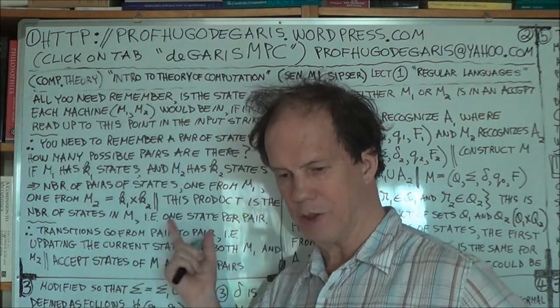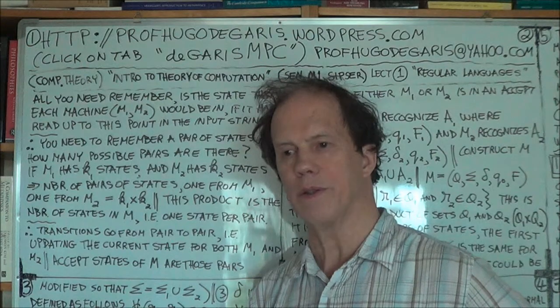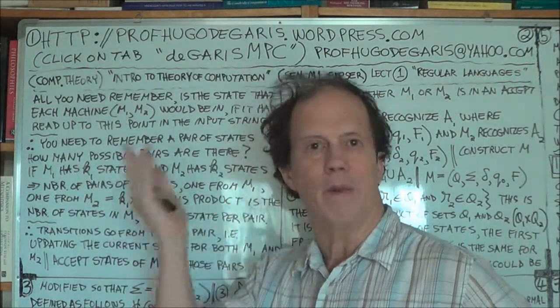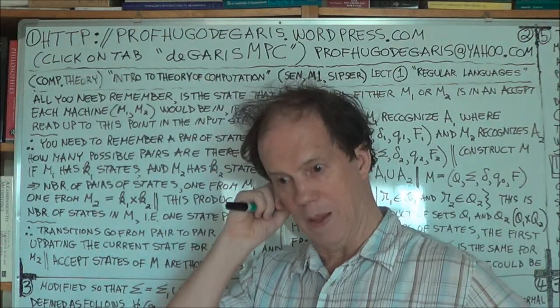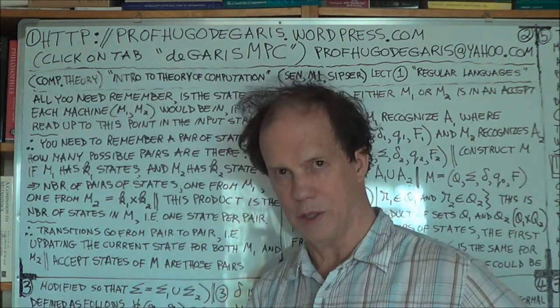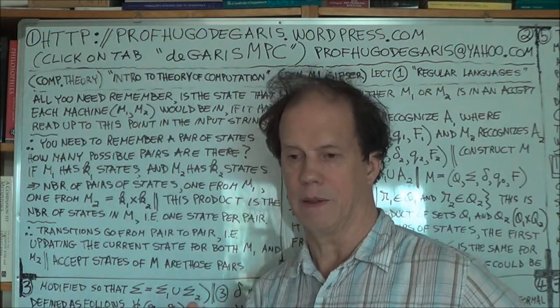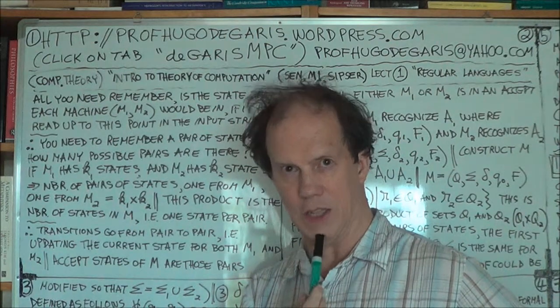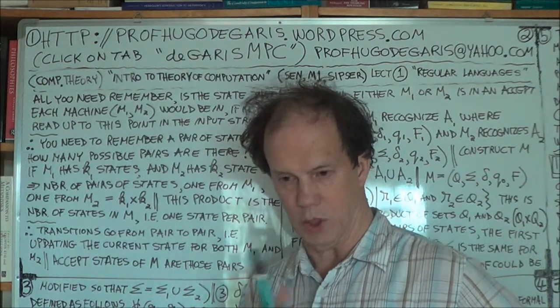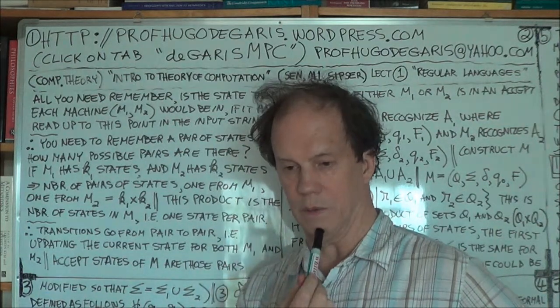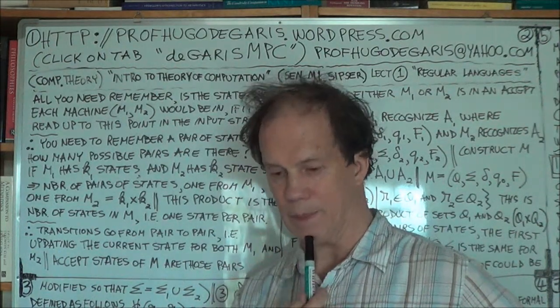So we're in the process now of trying to show that regular languages, the set of them, the class of them, the family of them, that class is closed under the operation of union. Okay? And later we'll show that it's closed under the operation of concatenation. And we will show later it's closed under the operation of star. Okay?